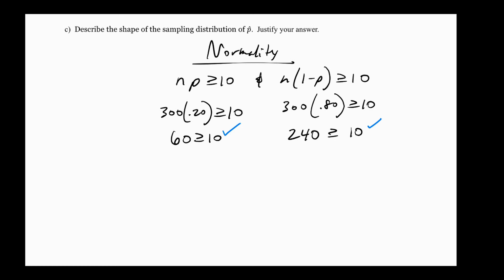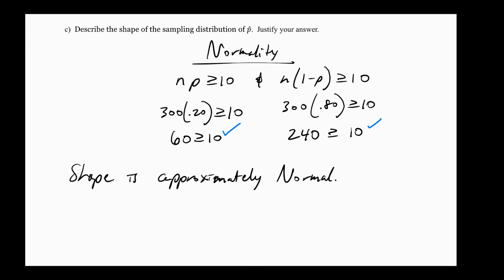Because it passes this condition, we can assume normality. So we say the shape is approximately normal.